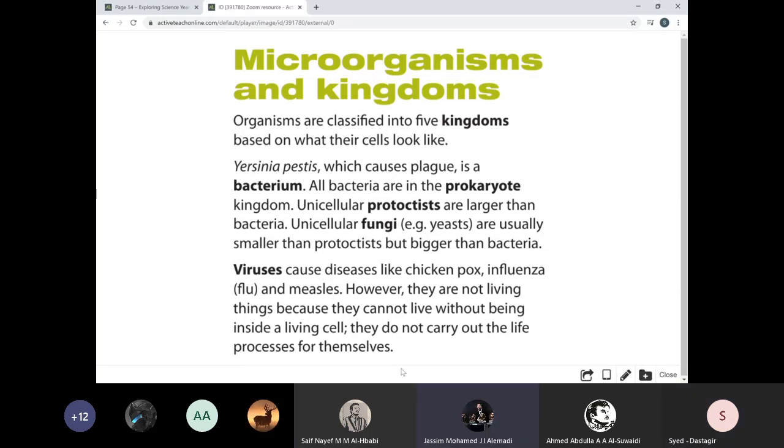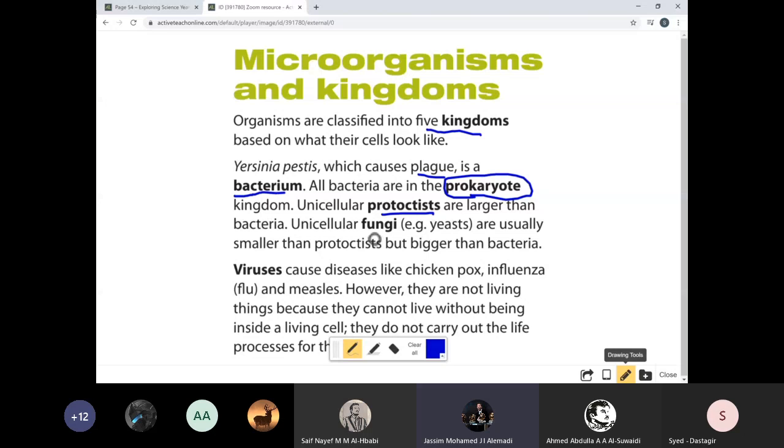Organisms are classified into 5 kingdoms based on what their cells look like. Yersinia pestis, which causes plague, is a bacterium. All bacteria are in the prokaryote kingdom. Unicellular protists are larger than bacteria.